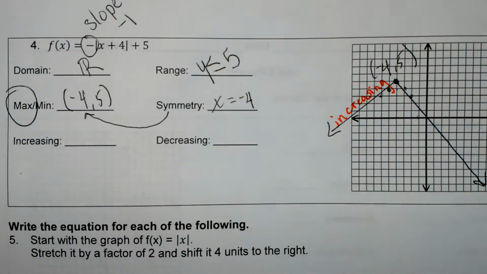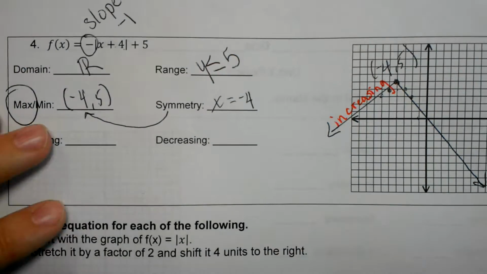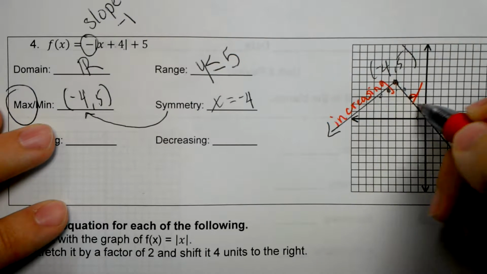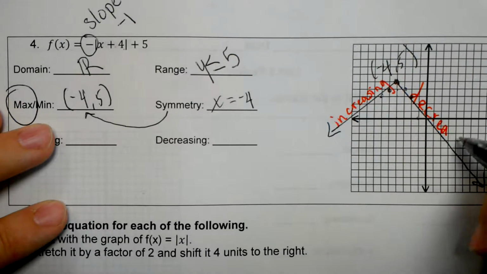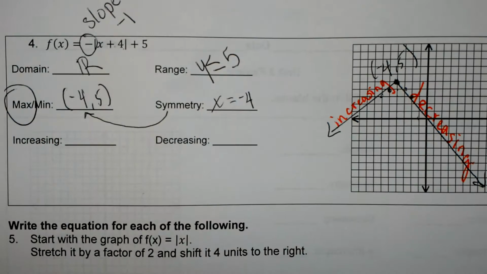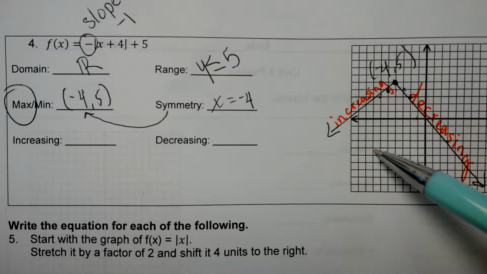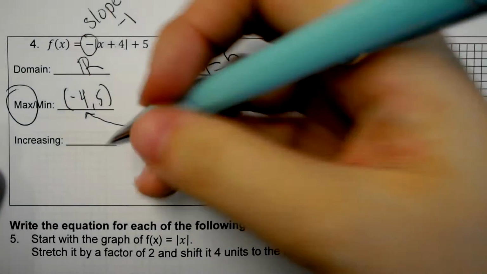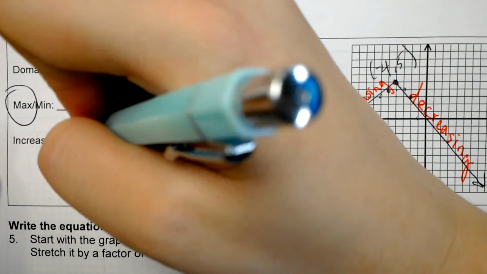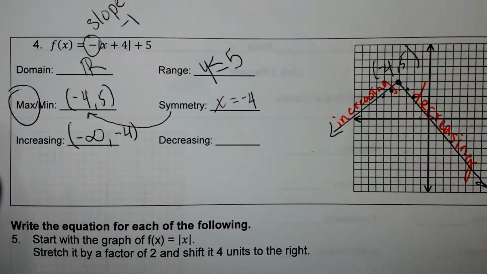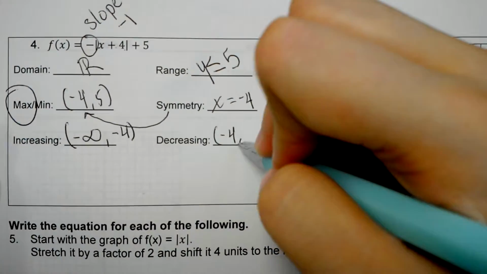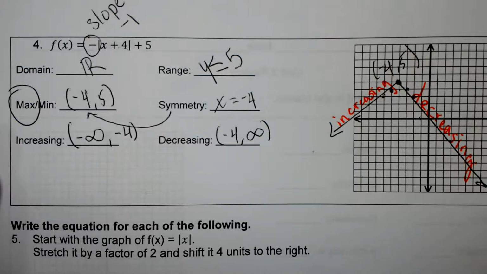And then on the right, it's decreasing. So it's starting out way over here at -infinity up until -4. And then it's decreasing after that. So -4 to positive infinity, it's decreasing.